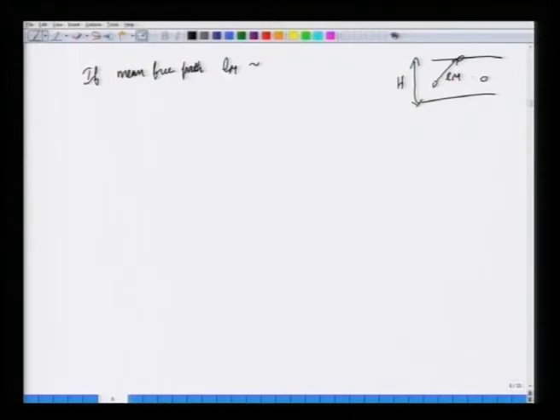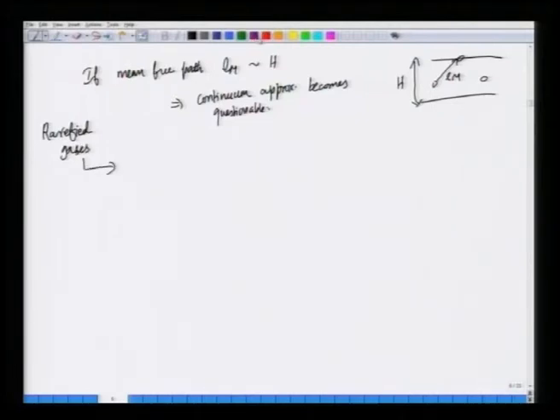Then you will find that the continuum approximation fails, or it becomes questionable, because you can no longer define sensibly point-wise quantities in this case. So in rarefied gases one has to be careful. This is a warning: beware of using the continuum approximation.